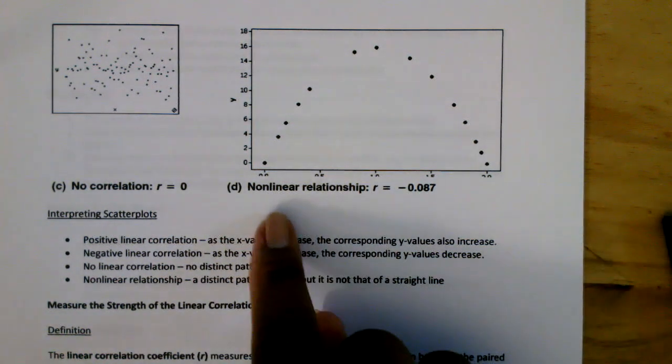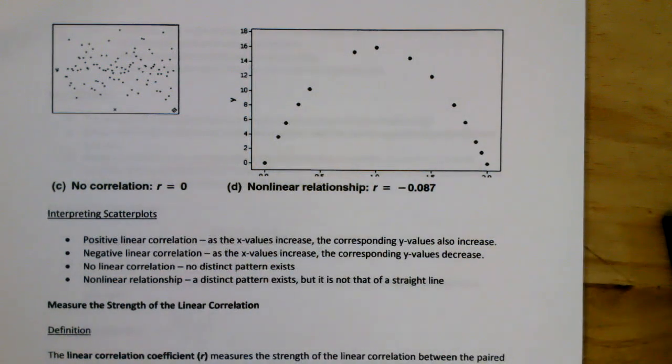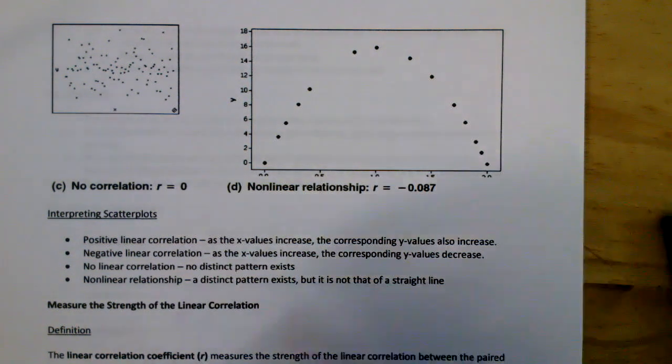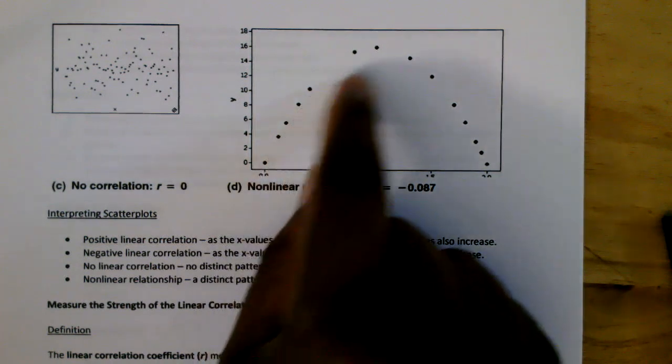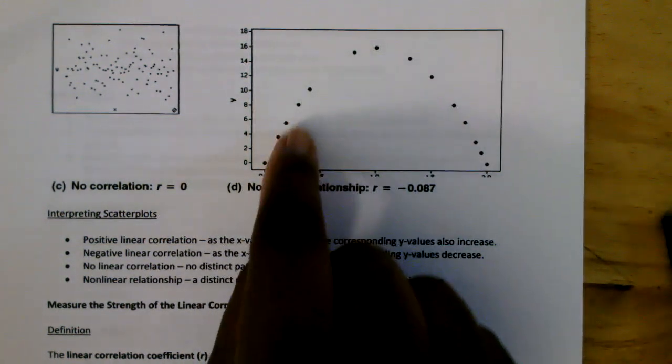Now, for part D, we have what they call a nonlinear relationship. Okay, notice that these points are not in a straight line pattern, but it does have a distinct pattern.